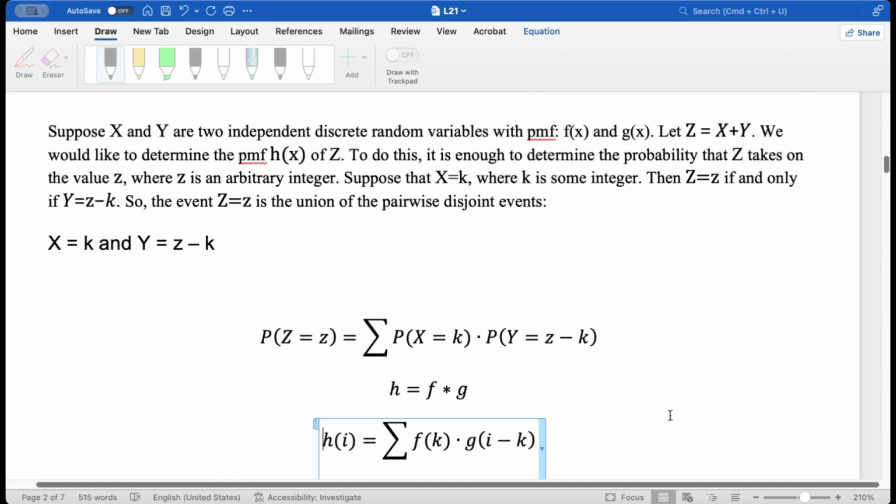And this process here, the sum of this product situation, is the convolution of the original probability mass functions, f with g, the PMF of x and the PMF of y.